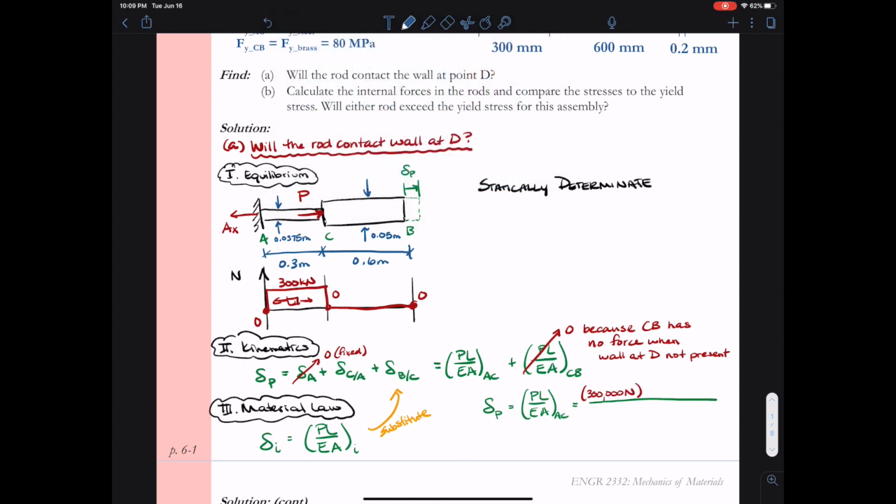The length of AC is 0.3 meters. The modulus of elasticity for AC, which is steel, is 200 times 10 to the 9th pascals. And the area for segment AC is pi over 4 times the diameter, which is 0.0375 meters, squared.